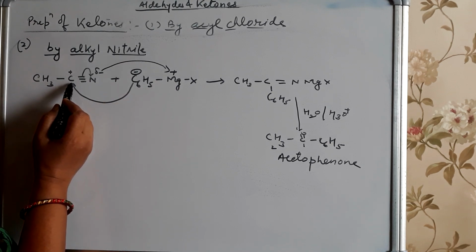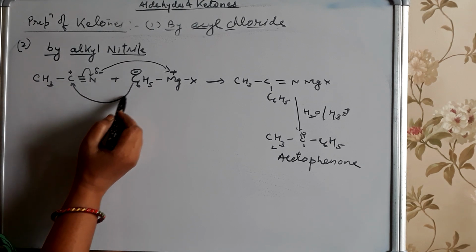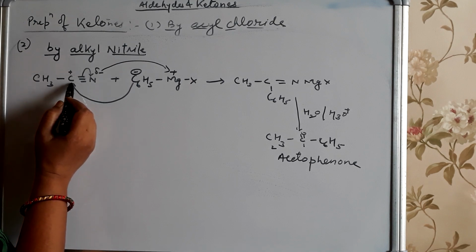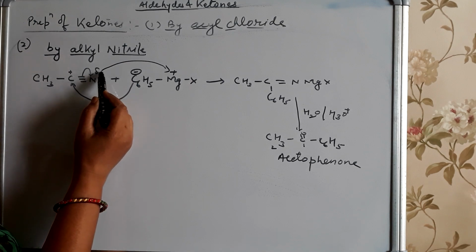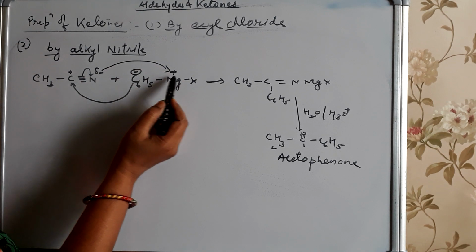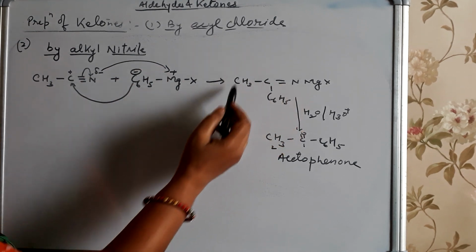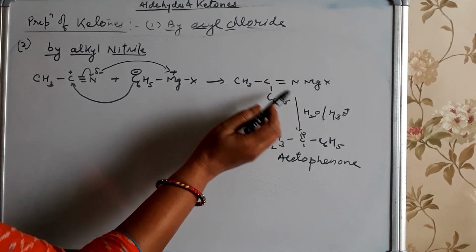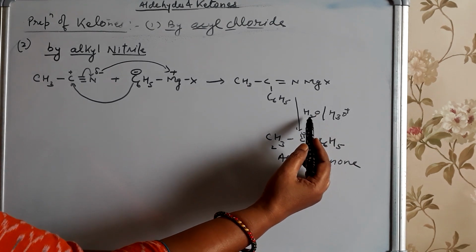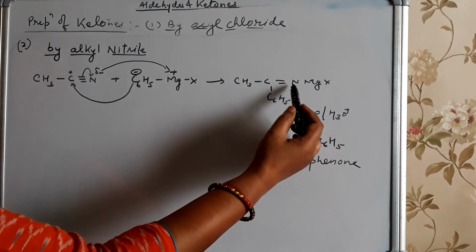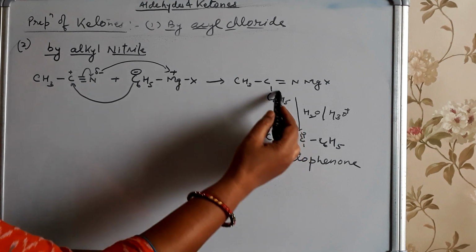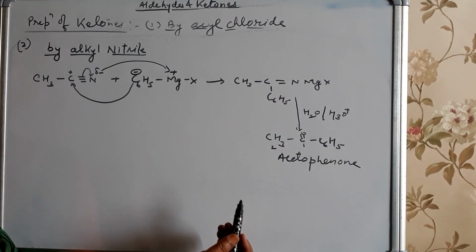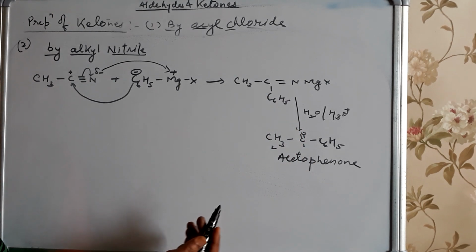The electrophilic center forms here at carbon. So this nucleophile goes to the carbon and the negative charge goes towards the magnesium. Formation of an intermediate compound takes place. So after hydrolysis, removal of this group takes place and the formation of acetophenone takes place.